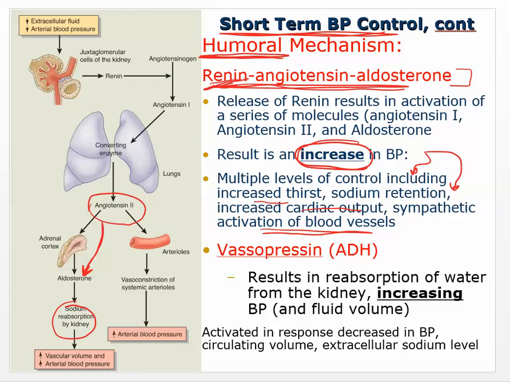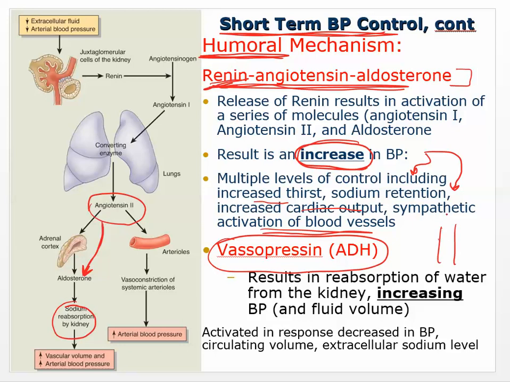Okay, so the other one in terms of humoral mechanisms results is vasopressin. Vasopressin, also called antidiuretic hormone. Okay, so this is one of the two that are released from the posterior pituitary. So vasopressin, when it's released, it results in the reabsorption of water.